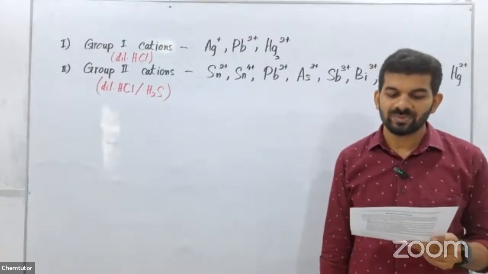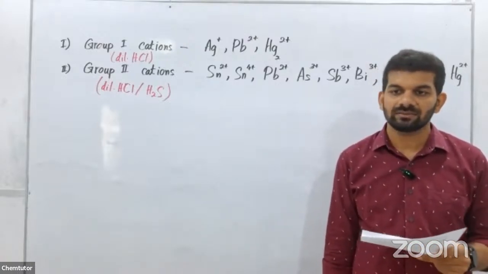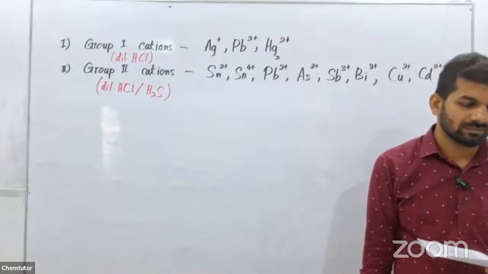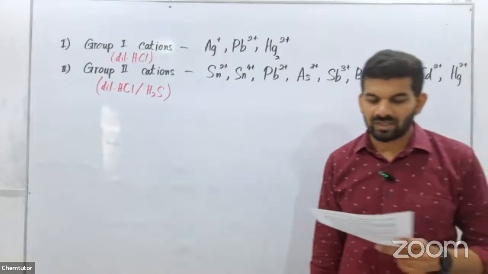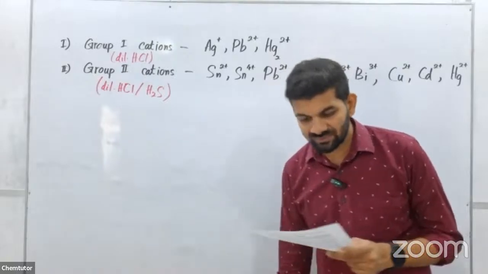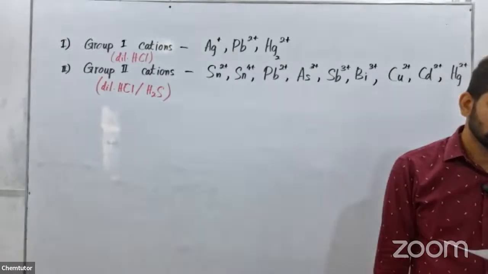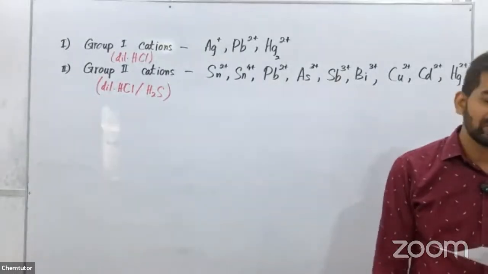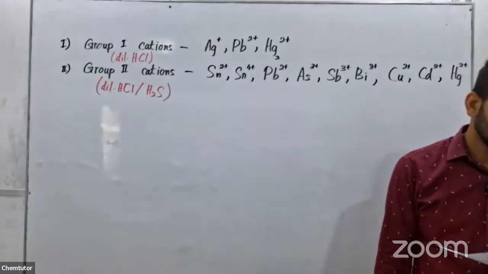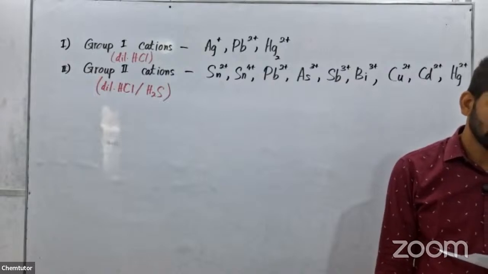Bismuth sulfide is black in color. Copper sulfide is again black in color. Cadmium sulfide is yellow in color. And mercury sulfide is black in color.